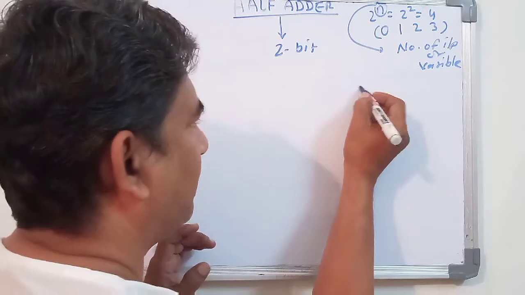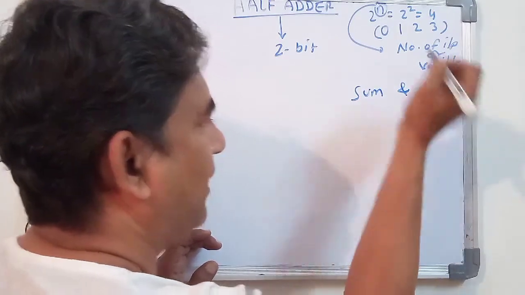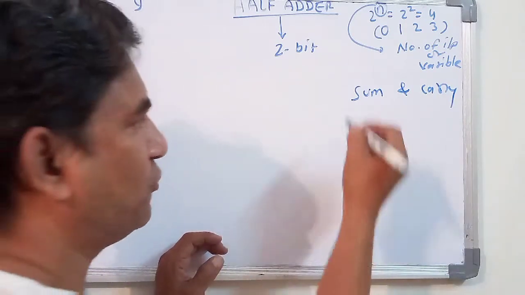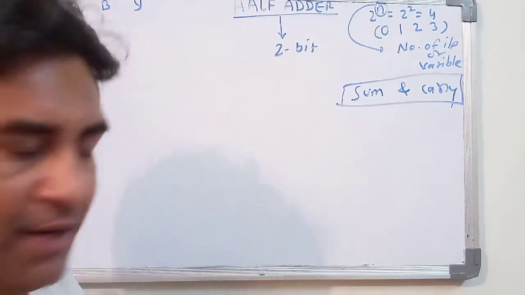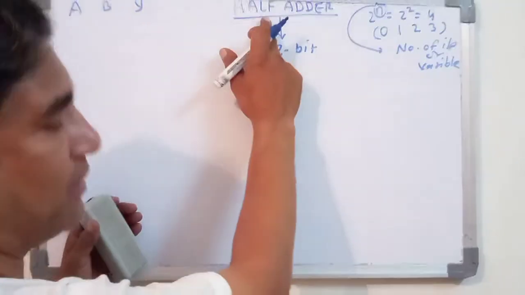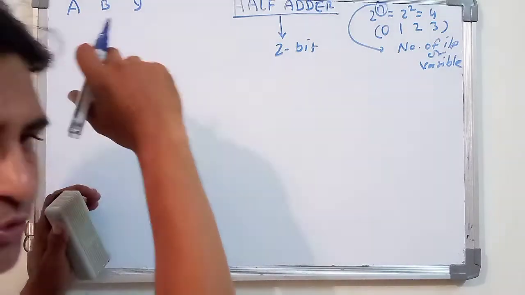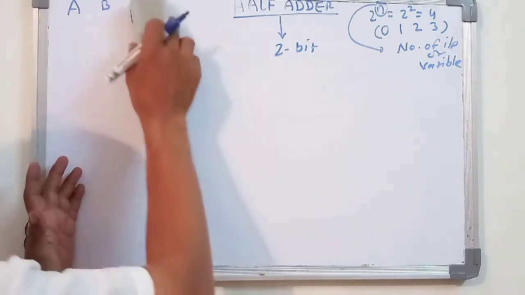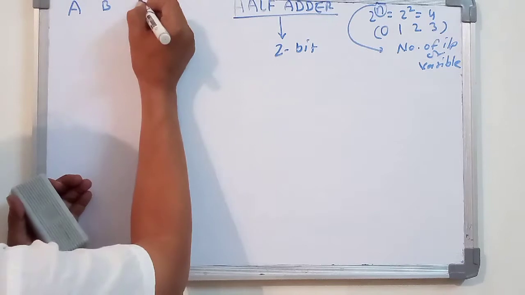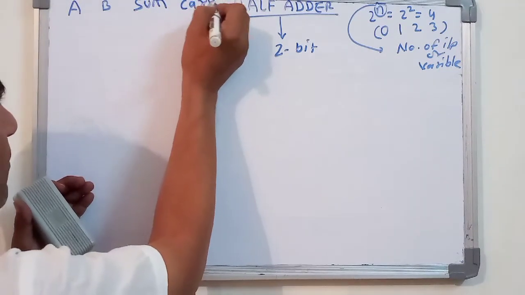So this sum and carry have to be plotted in the truth table, which we observe in this half adder. Instead of writing this particular Y, you have to write down the sum and the carry. Okay students, so here it is sum and here you will obtain the carry.